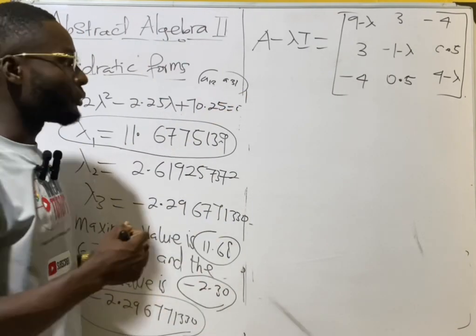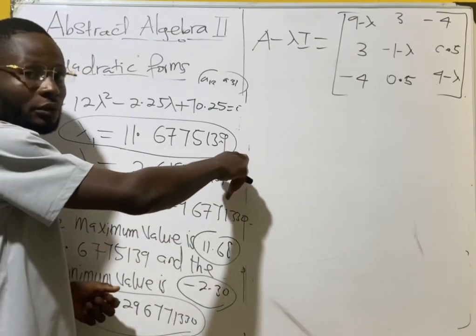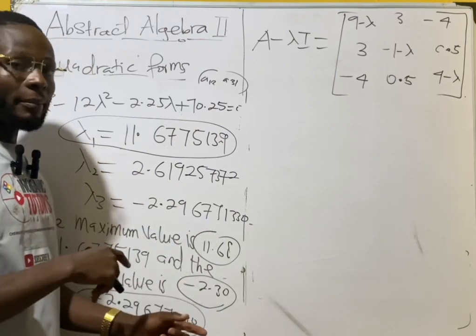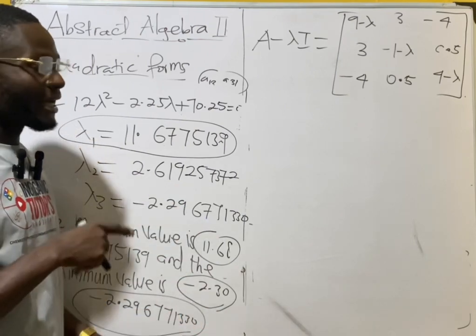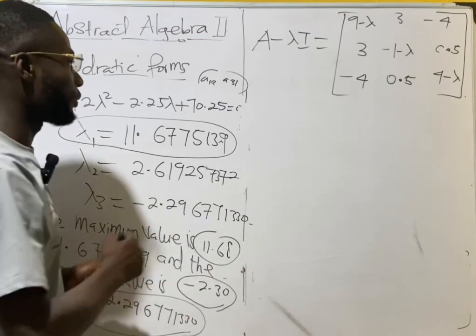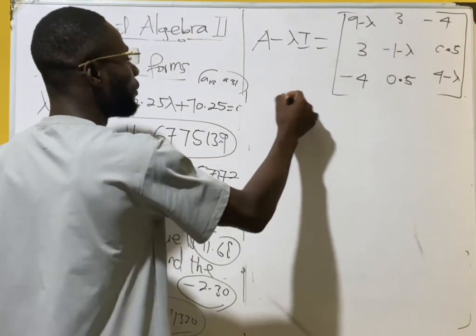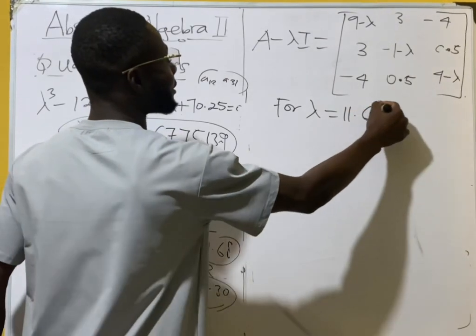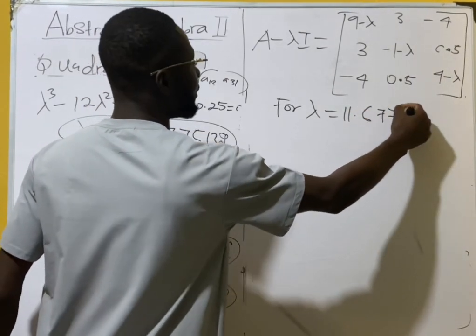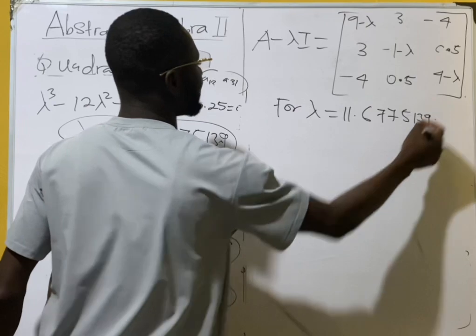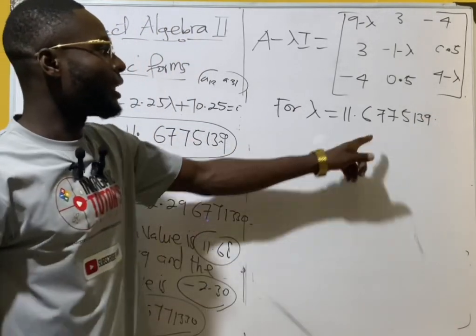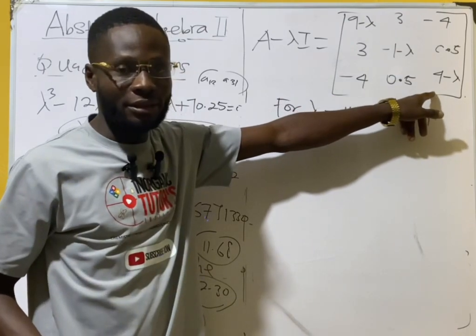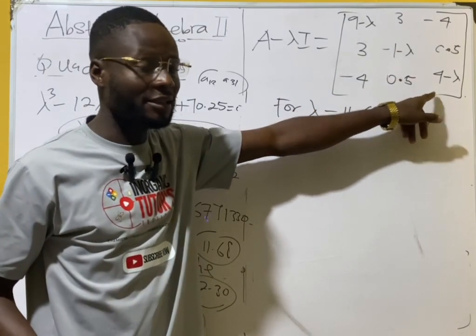In doing that, we consider the maximum value and find the eigenvector for that, and also come back and consider the minimum value and find the eigenvector for that. So for lambda equals 11.6775139, we're going to substitute that value into wherever we see lambda in this matrix. Then we find the eigenvector, right?